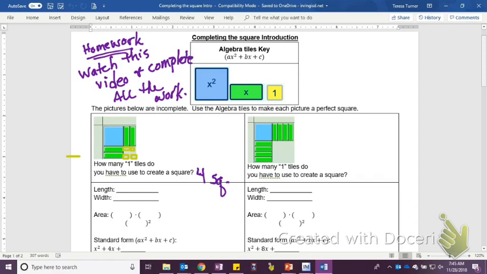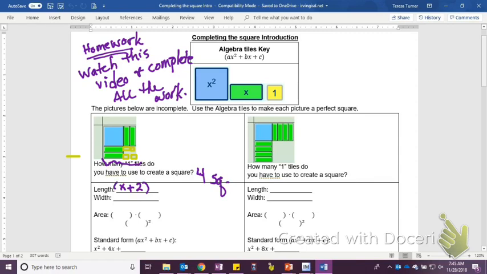So we want to calculate the length. The length we have here is x, which is the green one, plus 2 more tiles. So we have x plus 2.